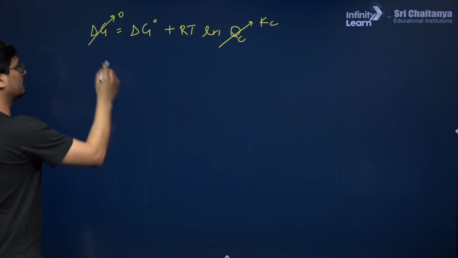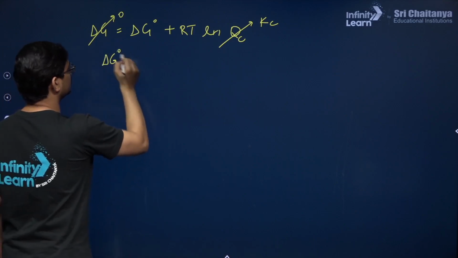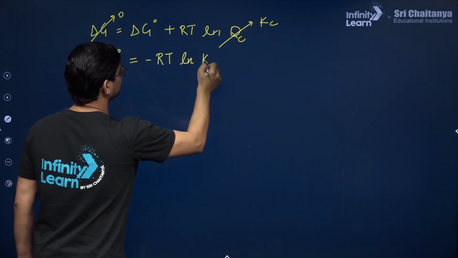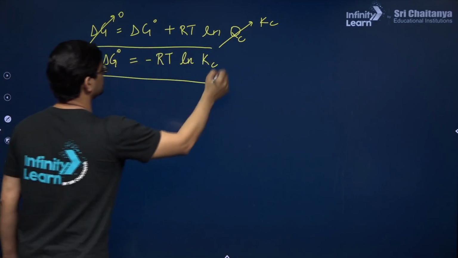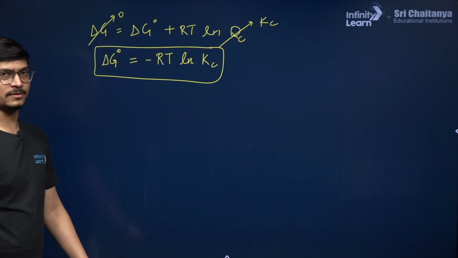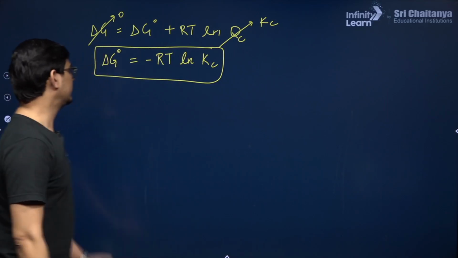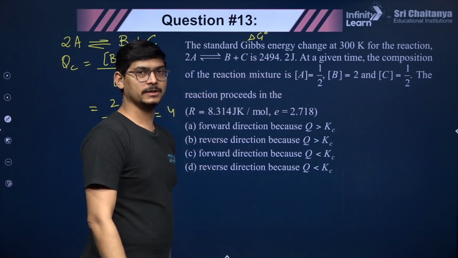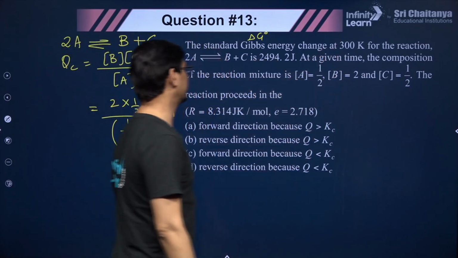So the relationship between delta G naught and the equilibrium constant is delta G naught equals minus RT ln Kc, the relationship between the standard Gibbs energy and the equilibrium constant. Now delta G naught value is given 2494.2, temperature is given 300 Kelvin, right?